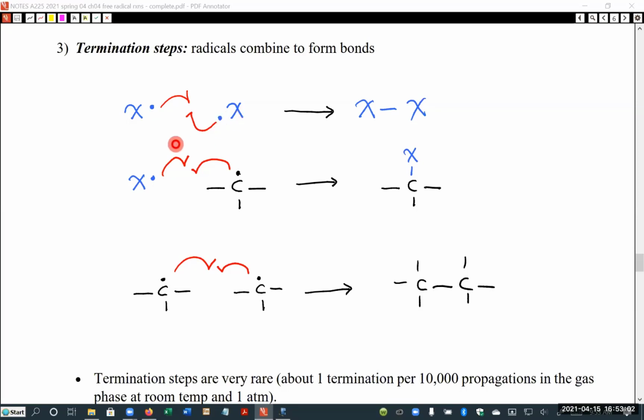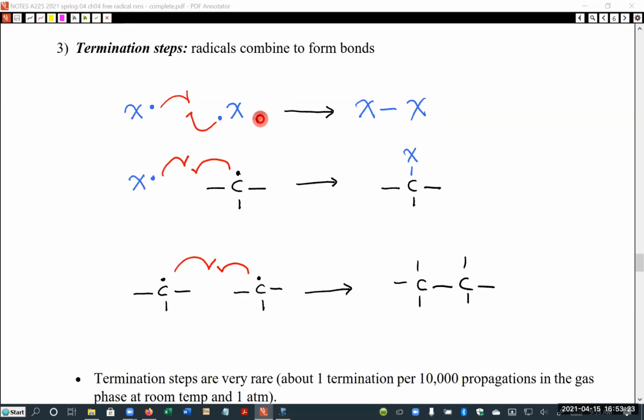If you take one electron here and put it together with one electron there, you form a covalent bond, which would release potential energy, and that would be more stable. This would happen really often if they were super concentrated, but they're not. They're very rare, so that's why this doesn't happen very often.